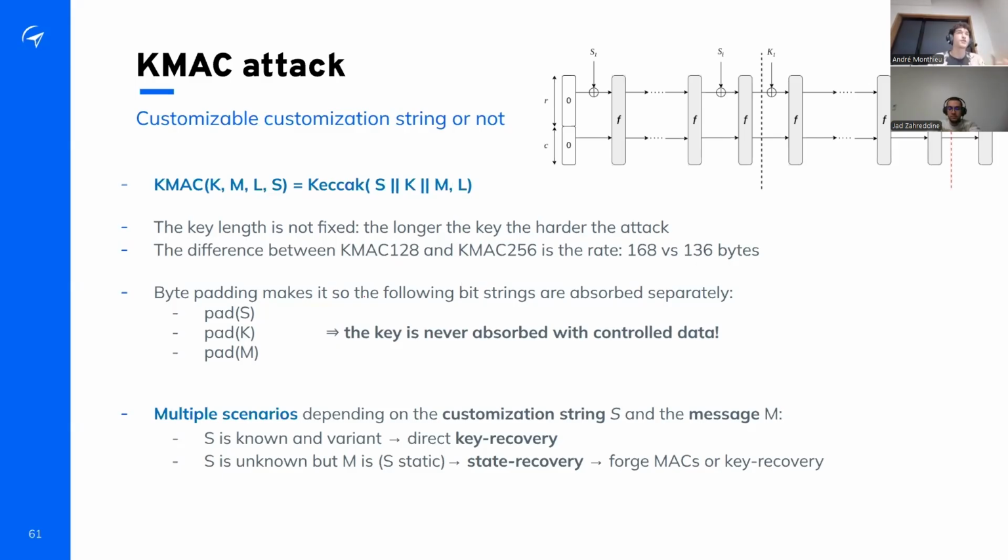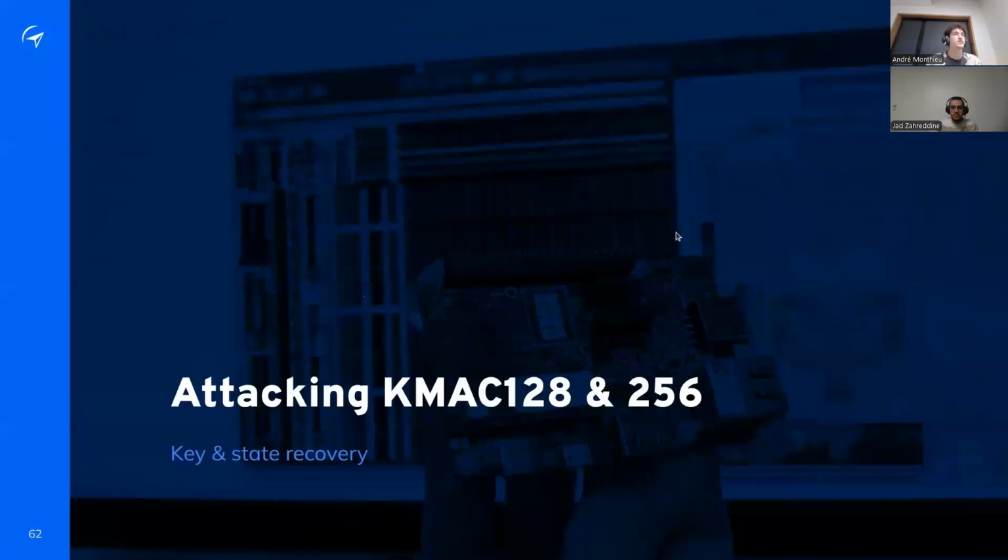And once you've recovered the state, you would be able to forge the MACs because the customization string S is static, or you would also be able to perform a key recovery. As Jad previously said, every step of the Keccak-f permutation is invertible. So let us now try to see the different differential attacks on KMAC 128 and 256.